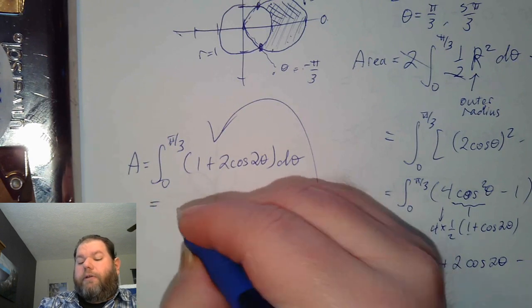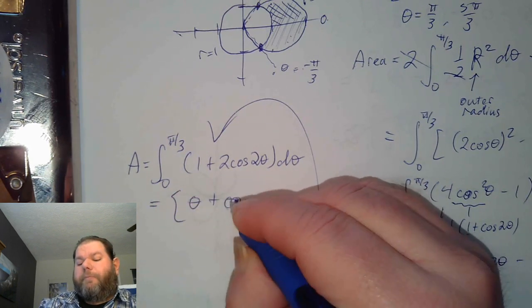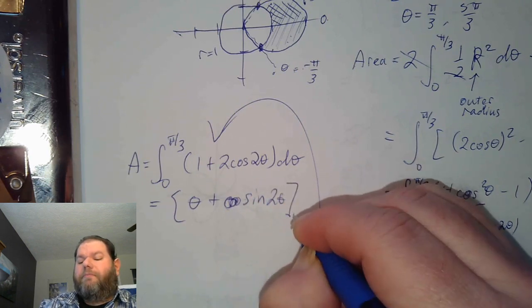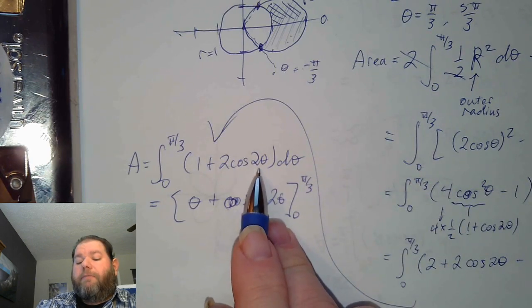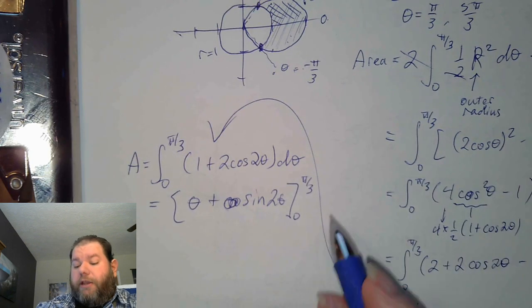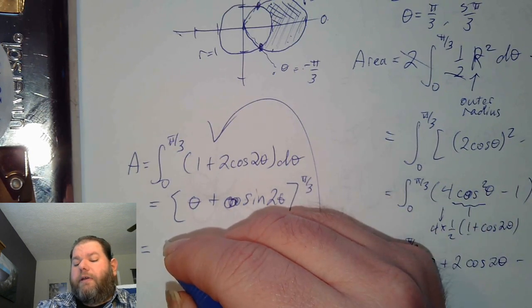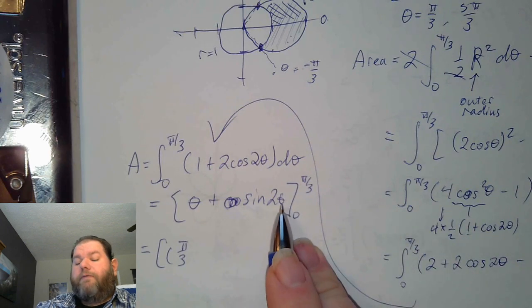And so if we integrate, we get theta plus sine 2 theta. And again, we divide by the 2 when we integrate, so it's just sine without a coefficient. Plugging in the values here, pi over 3, we get pi over 3 plus sine of 2 pi over 3.